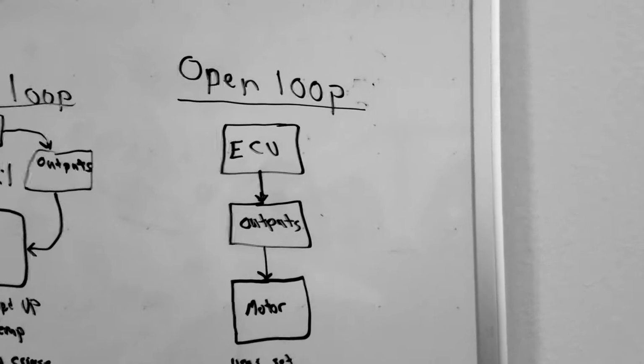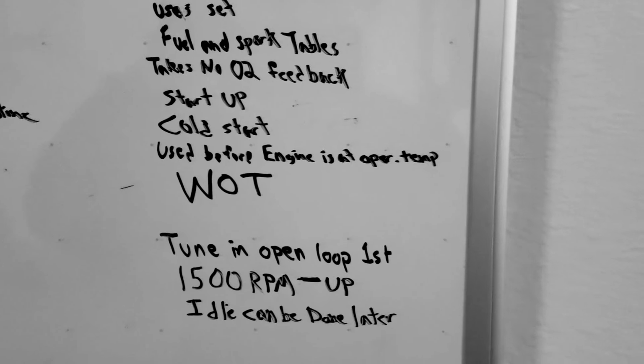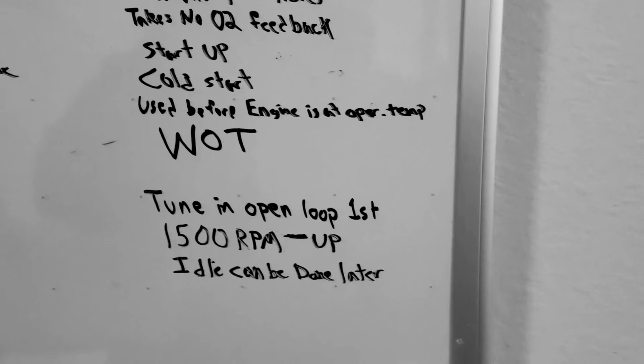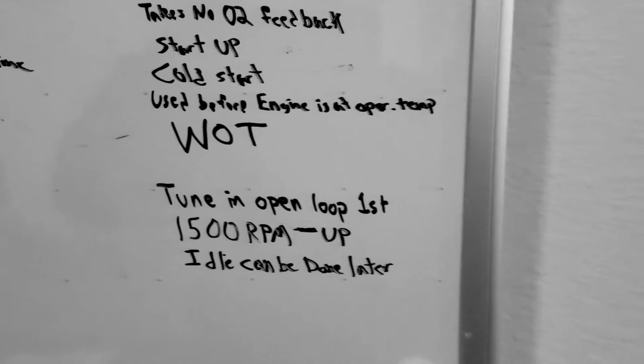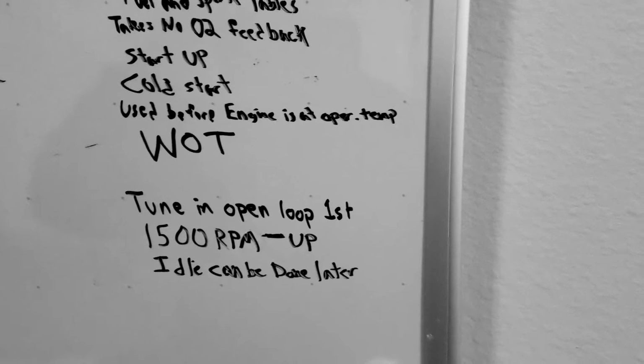Basically, open loop is when the engine is not at operating temperature. Open loop is used on startup, cold start, before the engine's at operating temperature. It is also used at wide open throttle, which is one of our favorite places for the motor to be.